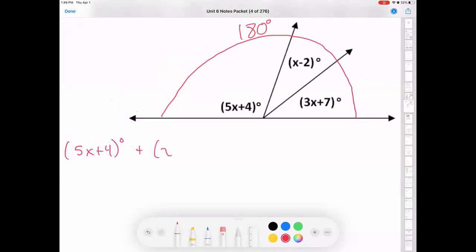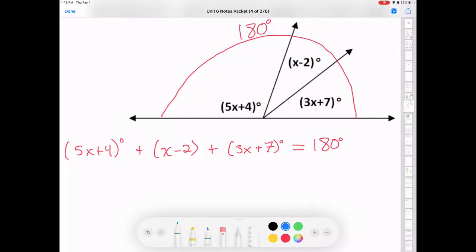Our x minus 2. And then we're going to tack on our last angle, 3x plus 7. In total, when I combine all these angles together, I get 180 degrees. So that is the equation setup that we do need to have.